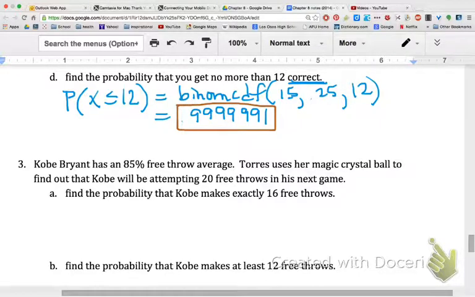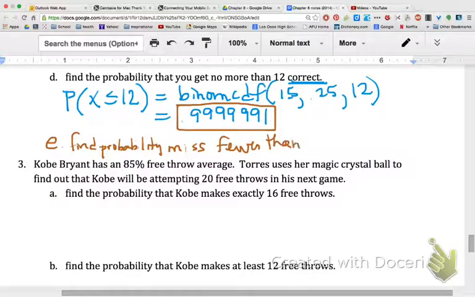Now, if I wanted to be mean, and of course I do, I could ask the question like, find the probability that you miss fewer than, let's say 3. Now, I can still use the same setup, but this time what I have to tell myself or the reader is that success is the number missed.